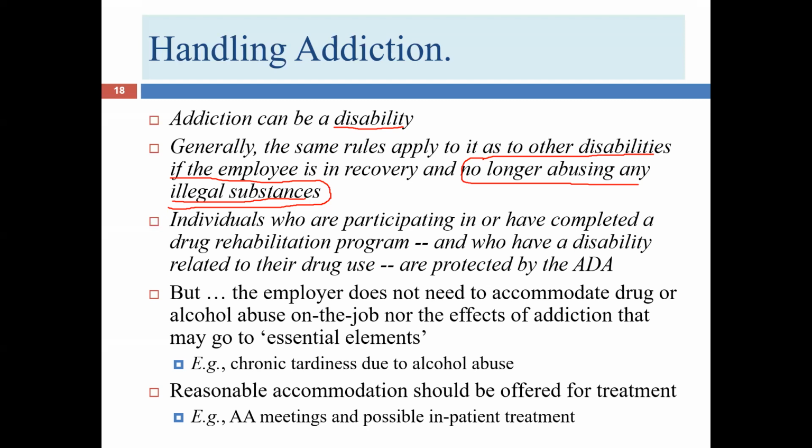I'm still drinking, but I'm going to have to arrive to work 30 minutes later because the bus doesn't get there until 8:30, even though when I was able to drive, I was getting there at 8. That might be a reasonable accommodation. Again, you have to dive in and look at more specifics to know. Some jobs that wouldn't be a reasonable accommodation, but some jobs would.